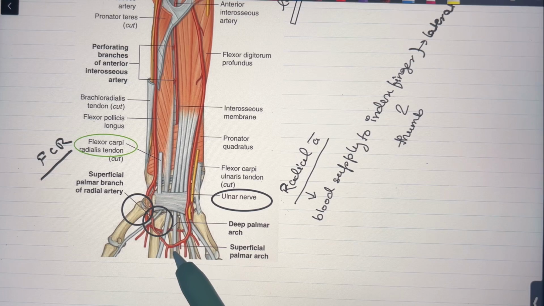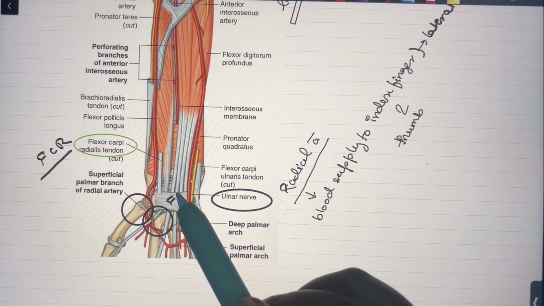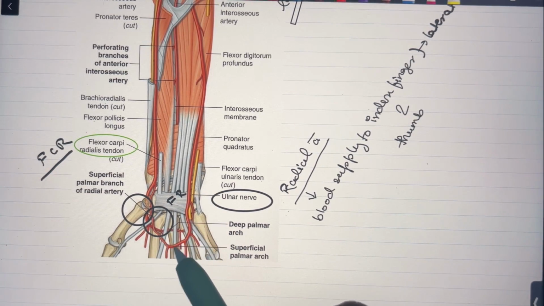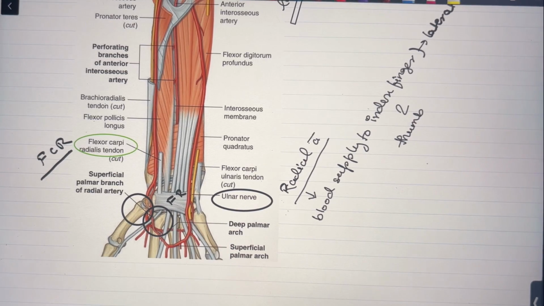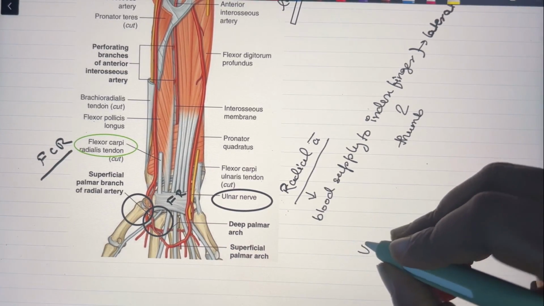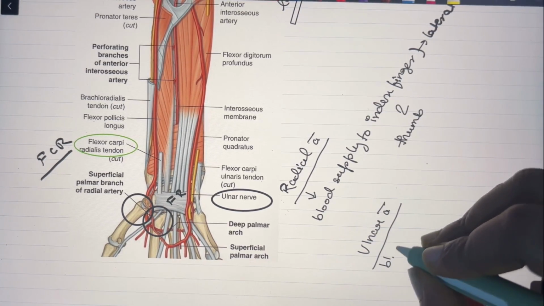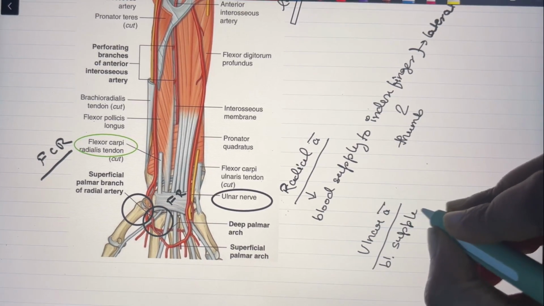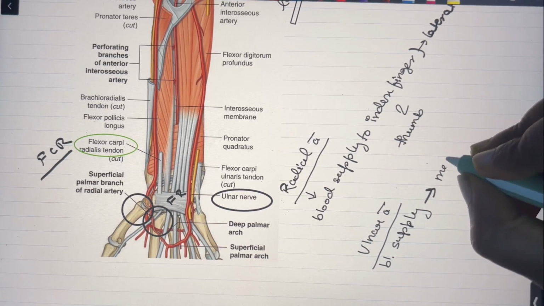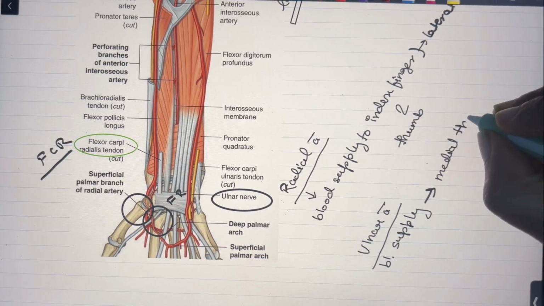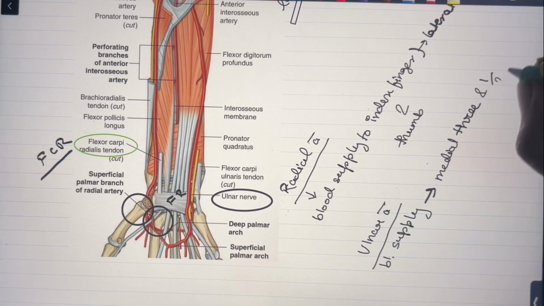Okay, this is the ulnar artery arching over the palm, superficial to the flexor retinaculum. This is the flexor retinaculum, and superficial to it the ulnar artery is going, and it gives major blood supply. The ulnar artery gives blood supply to the medial 3.5 digits.